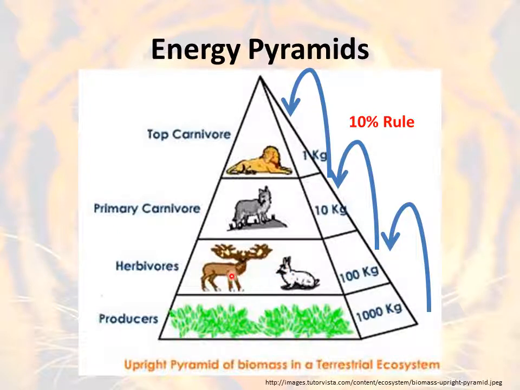These guys living their life, running, burning energy, living. That's where that energy went. And then finally, 10% of this 10 makes it up here, and that's 1 kilogram. So by the top, there's hardly any of the original energy left over. But once again, life has to happen, and as life happens, it uses that energy.